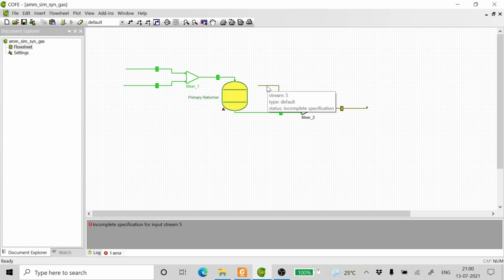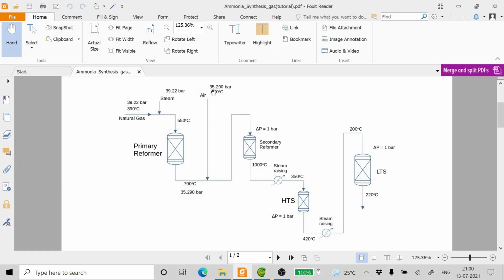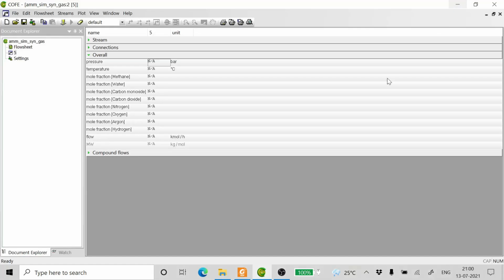Now the pressure of stream number 5 is 35.290 bar, and the temperature is 600 degrees Celsius.